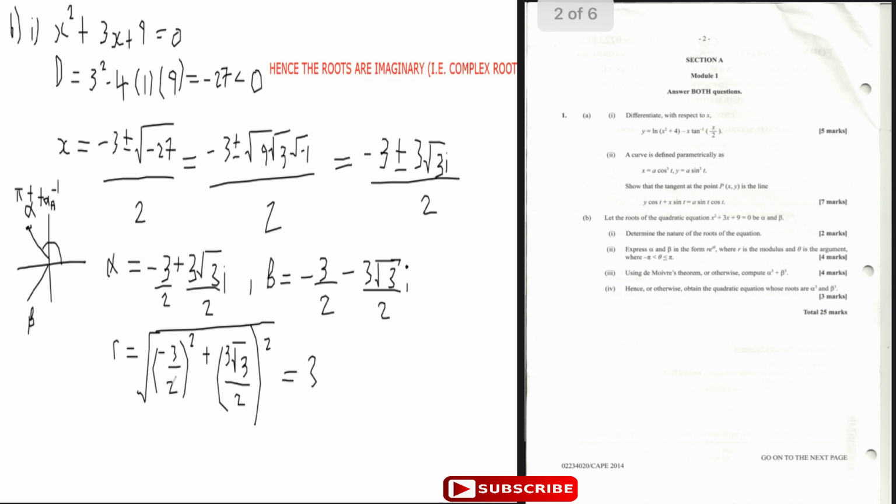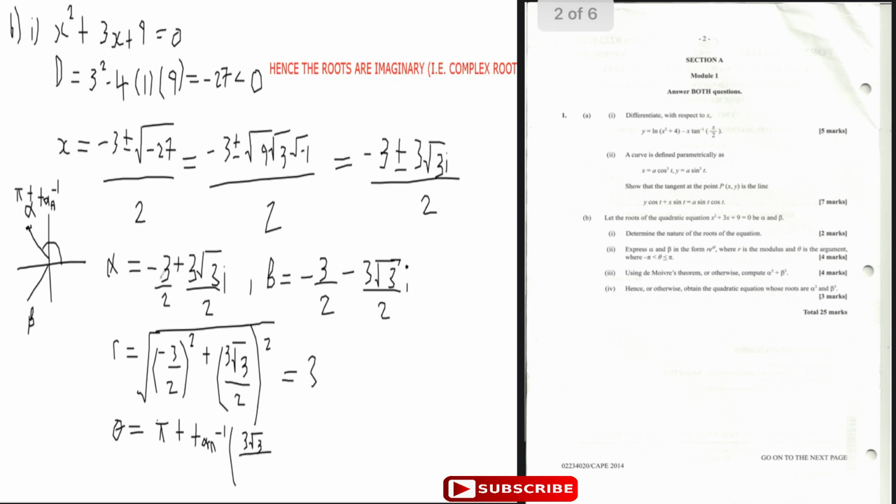So let's work out the argument, which we can call theta. It is pi plus tan inverse of b over a, which is 3 root 3 over 2 divided by minus 3 over 2.